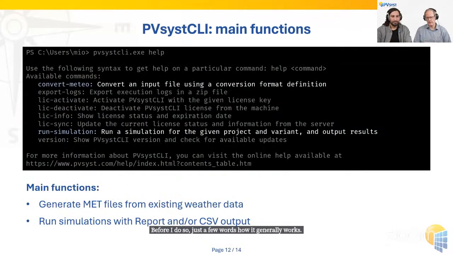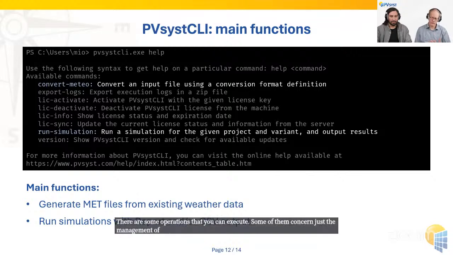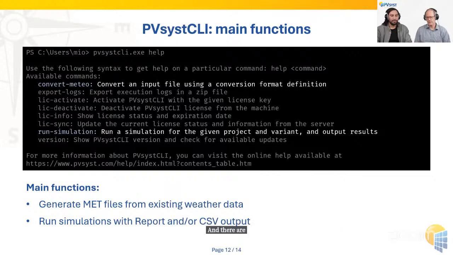So you launch PVsystCLI on a terminal. There are some operations that you can execute. Some of them concern just the management of your license or checking the version that is installed. And there are two main operations that are right now implemented in PVsystCLI, which is generating weather files from custom data.